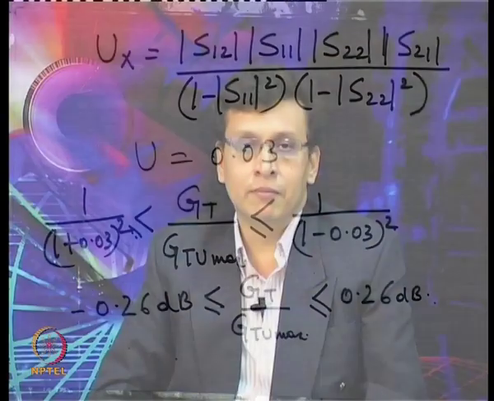So, in summary, in this lecture we covered the case when we have the unilateral approximation valid, and we saw what happens to the gain circles, or what those gain circles are, for both the unconditionally stable case and the potentially unstable case.